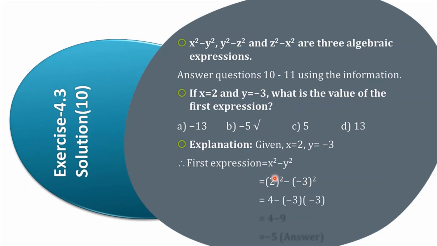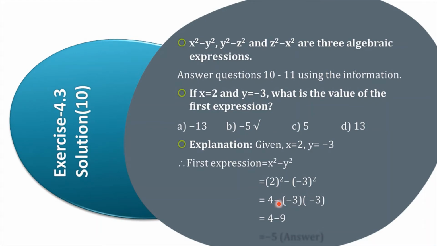As you know, 2 square means 2 multiplied by 2, that would be 4, minus 3 square. That means there is a minus in here, minus 3 in here. That's why we will write minus 3 multiplied by minus 3. After that, 4 minus, 3 threes are 9, and minus and minus, again I am saying, that would be plus.